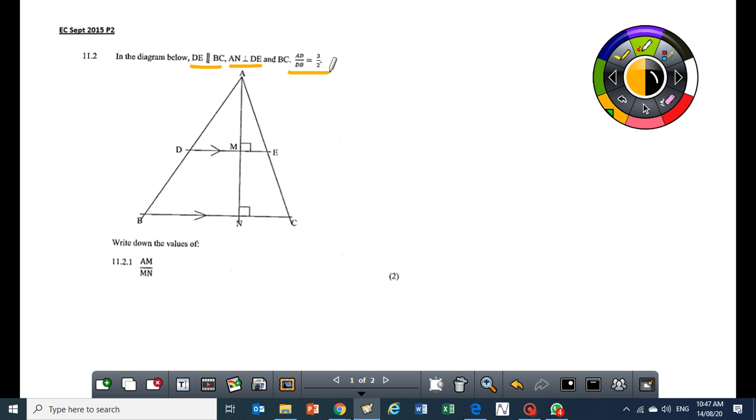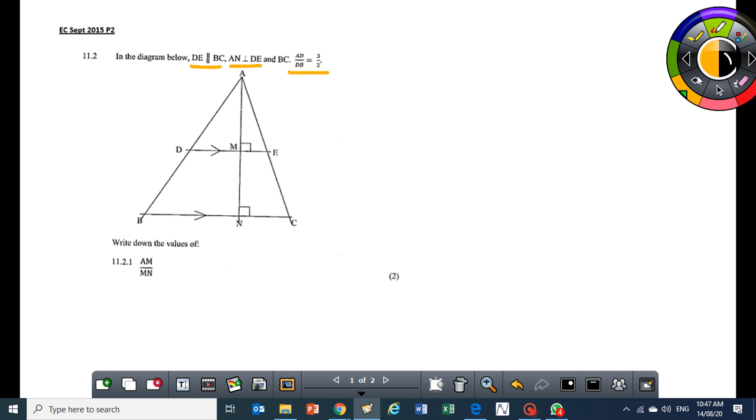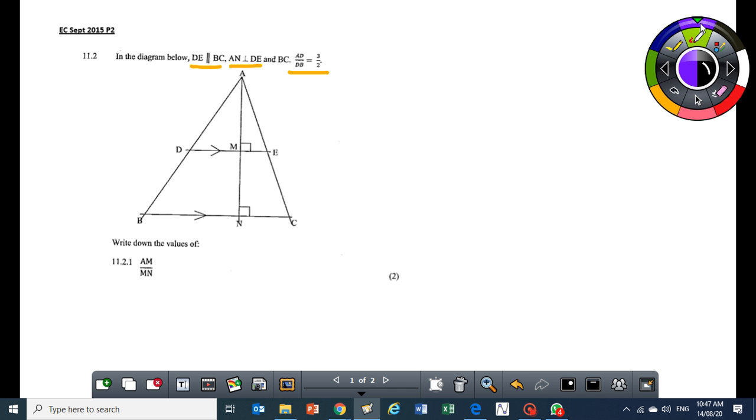So, first thing, I'm going to use the proportion theorem. So, I'm going to write in triangle, the triangle which I'm going to use to answer the problem, that is 11.2.1. I'm going to use this triangle, okay?